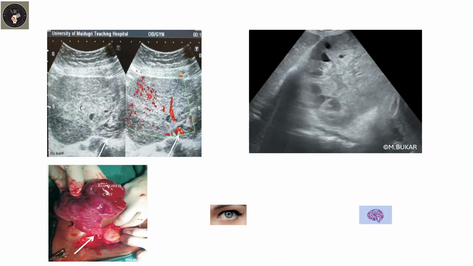So when I got that information, I went back and retrieved this from my book. This was a case of ovarian torsion. You can see this is the surgical specimen. Look at the torsion here, look at the edematous ovary, and look at the ruptured cyst here, predisposed to torsion.